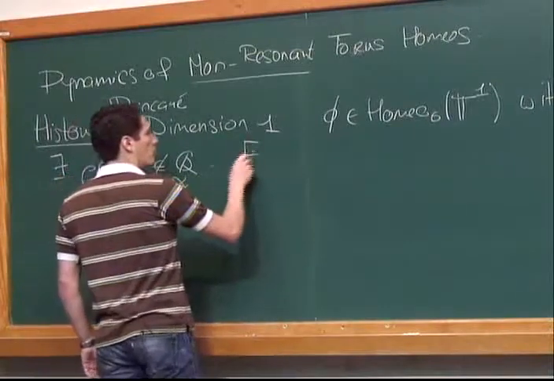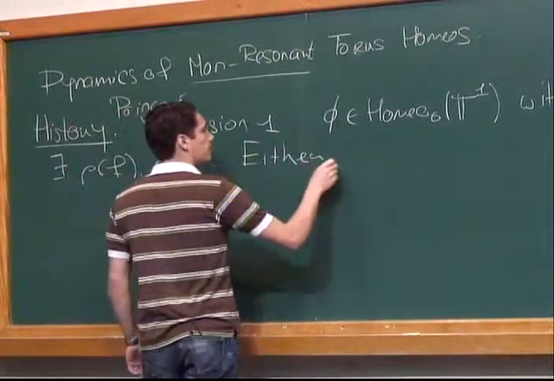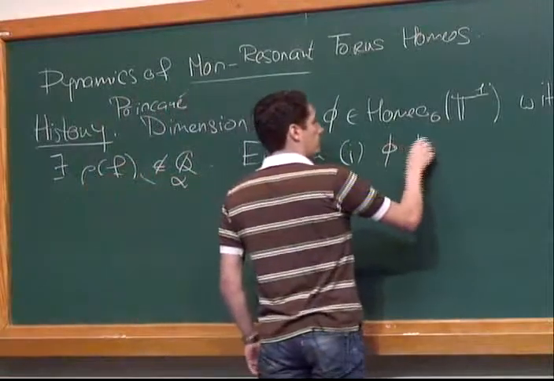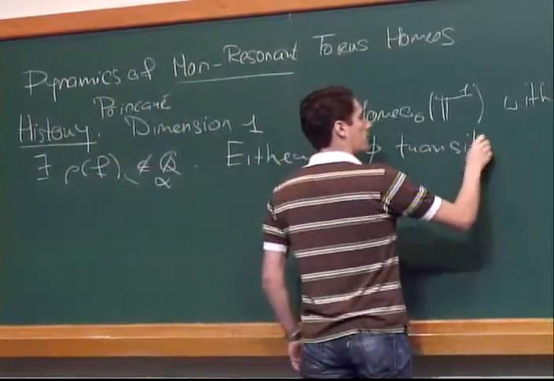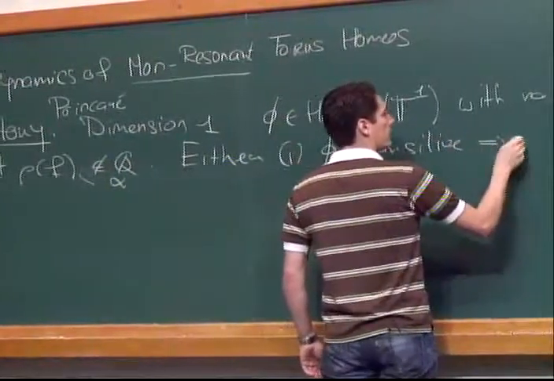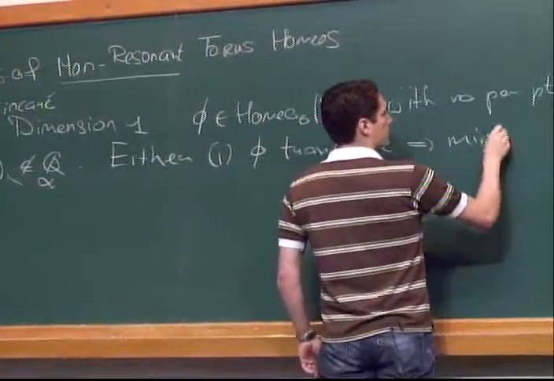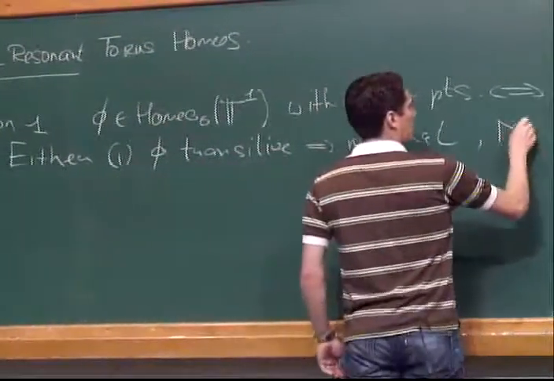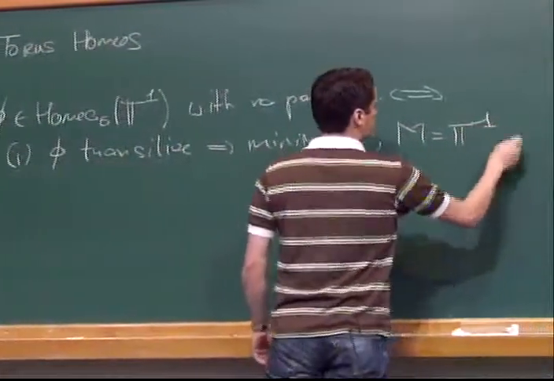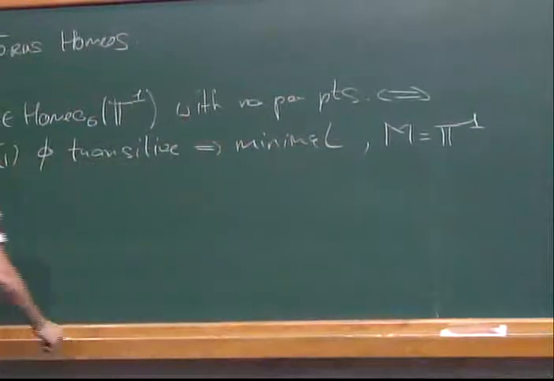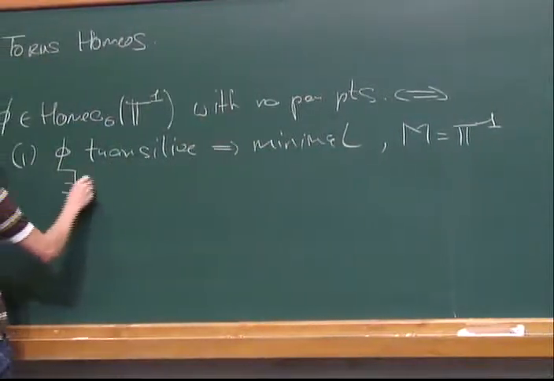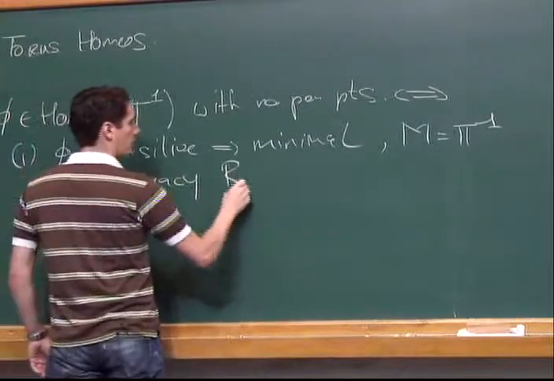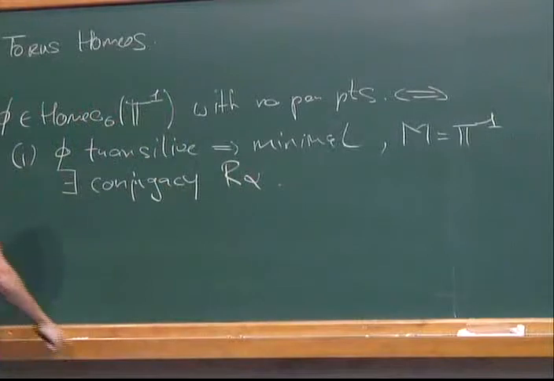So he said that either one of two things can happen. Either one, phi is transitive, so there's a dense orbit, and in that case, he said it's actually minimal, and so the minimal set here is the whole circle. What's more, there exists a conjugacy to the rotation with rotation number alpha.